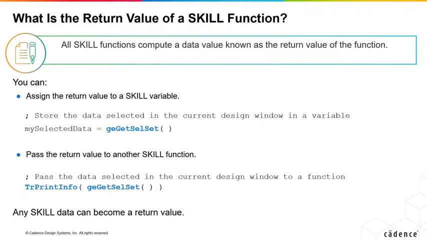So the function geGetSelSet will capture the data that you've selected in the design window and then store it in the variable called mySelectedData. The return value of geGetSelSet is a list of items selected in the window by the user and then stored in mySelectedData.